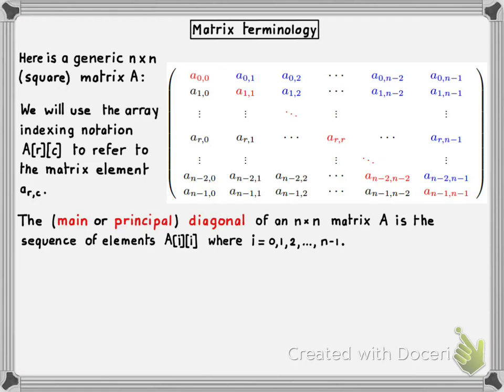So let's focus, say, on the elements on the first row. Notice all the blue elements on the first row have a column index greater than 0, which is the row index. The column index goes from 1 to n minus 1. On the second row now, all the blue elements have column indices from 2 to n minus 1. And again, all of these are larger than 1, which is the row index.